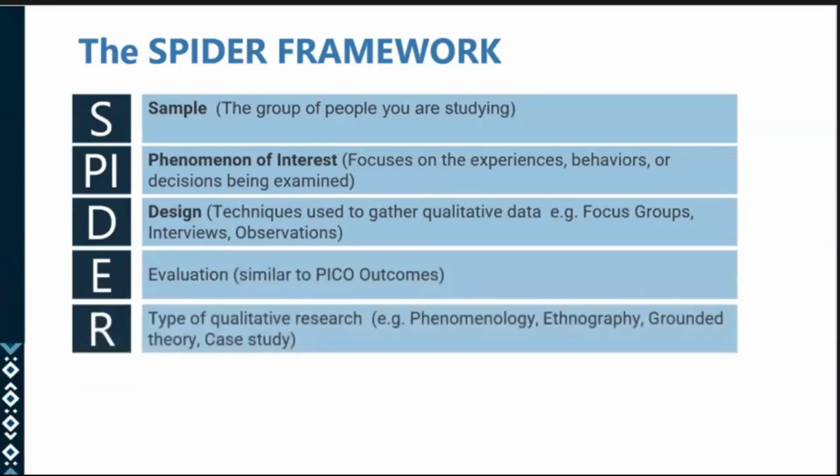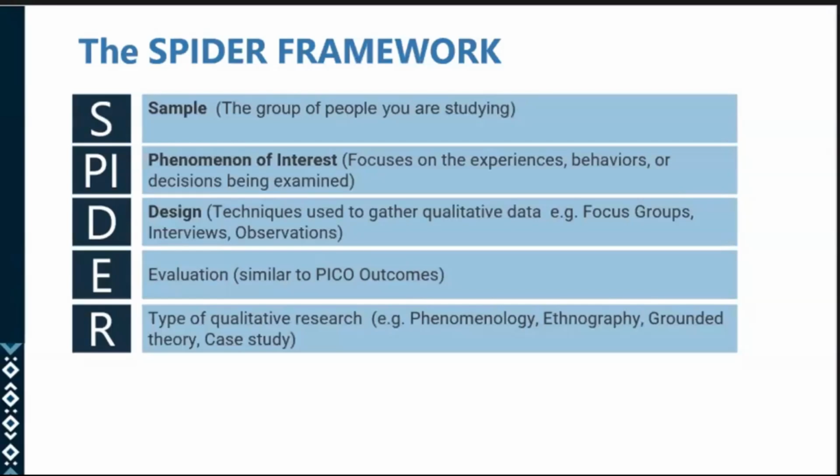R is the research type, a type of qualitative research. My presentation ahead will list out the different types of qualitative research. So some of the qualitative research types here are phenomenology, ethnography, grounded theory, and case study. But this SPIDER framework can also be used in quantitative research.